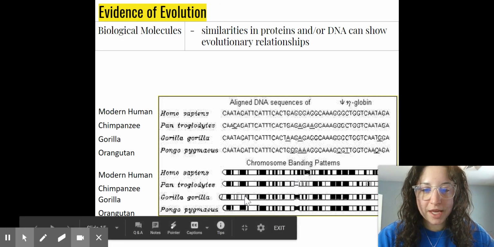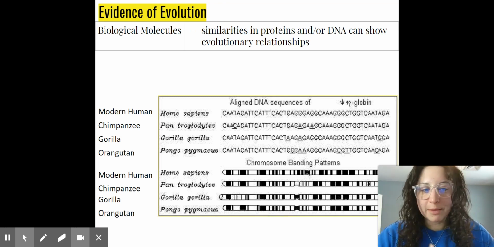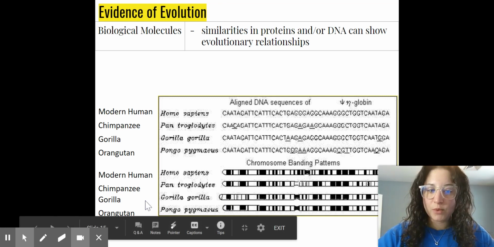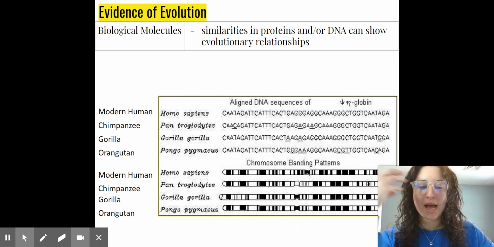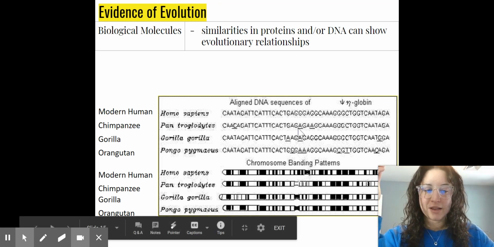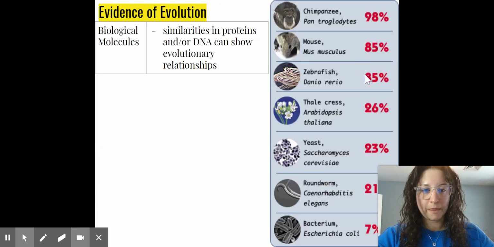And again, you can compare things because we see this gene right here. So this banding sequence, the dark, light, dark, this is the same throughout the 4 species, which shows another similarity or close common ancestor between these 4 different species. So again, we're looking at this common ancestor that had these specific traits. These traits changed slightly between generations, gave rise to new species, which shows the theory of evolution.